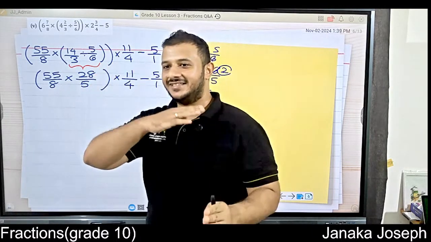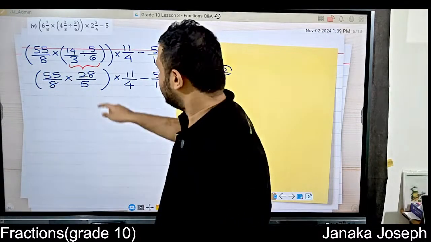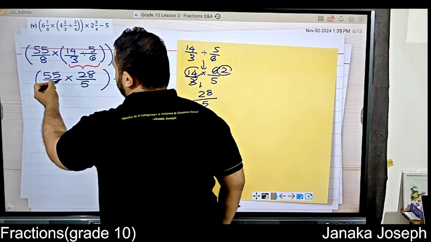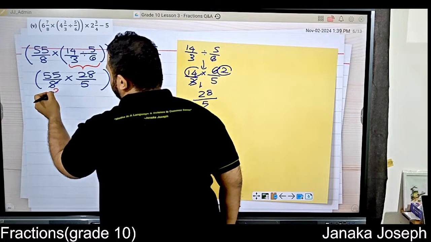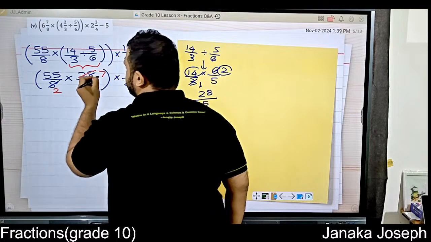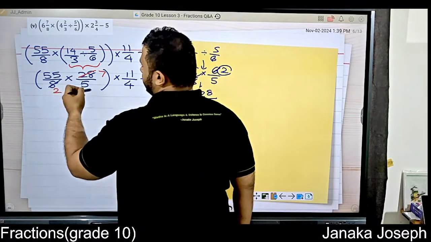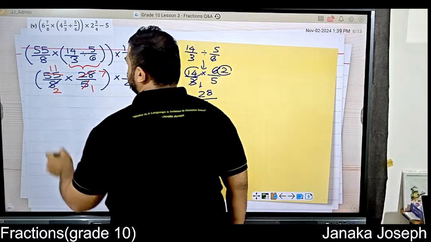These two, can we simplify? No. These two? No. These two? Yes, 4 timetables, 4 timetables 2, 4 timetables 7. Then you can't simplify those two. These two? Yes, 5 timetables 1, 5 timetables 11.